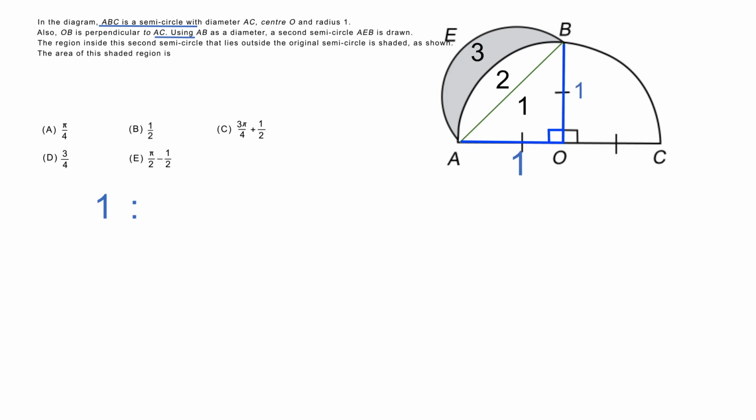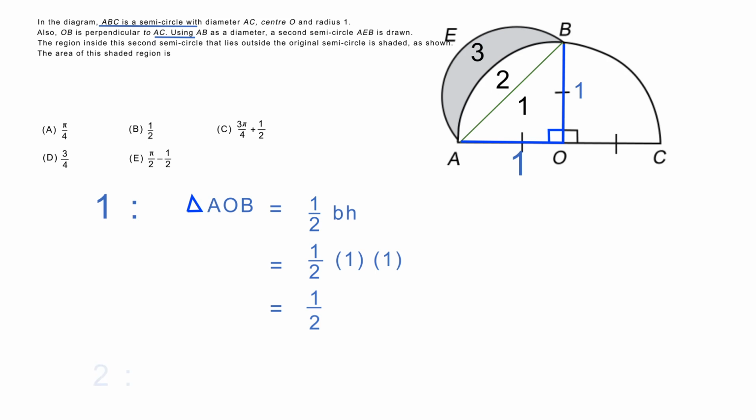And that is also a radius, so that distance is 1. So now the area of triangle AOB is just 1/2 base times height, and therefore we have 1/2 times the base, which is 1, times the height, which is 1. And therefore that is equal to 1/2. So that takes care of region 1.